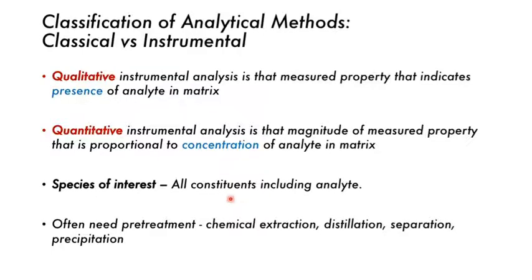So the species of interest is all constituents, including the analyte, and we often need to pre-treat this in some way. Sometimes it's not concentrated enough, or it's too concentrated, or there are interfering species. For example, we might need to concentrate our sample by removing some of the solvent. If it's water, that's pretty easy.